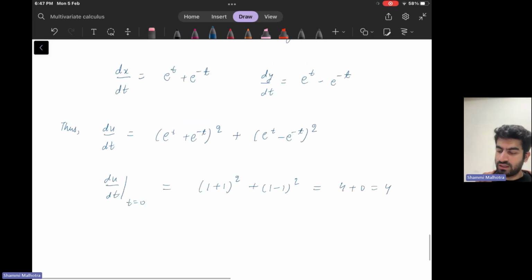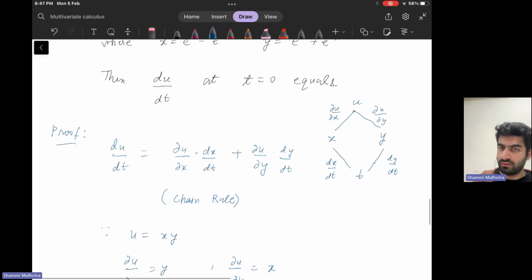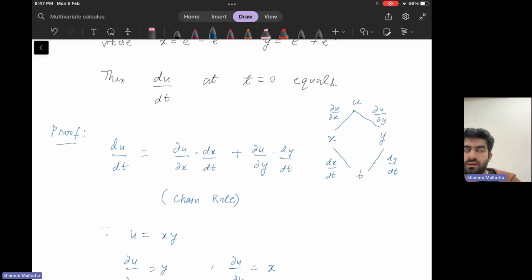You just have to apply the chain rule, and you can make this tree diagram, and with this diagram you can directly write the chain rule expression. It's one of the easy ways to remember the chain rule, and once you know the chain rule you can easily calculate these derivatives.